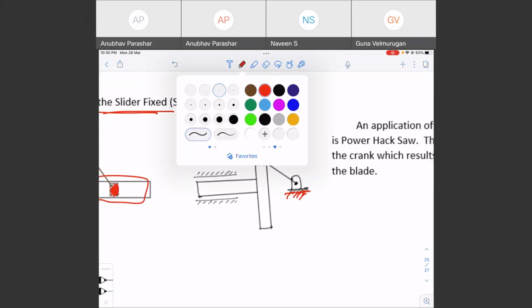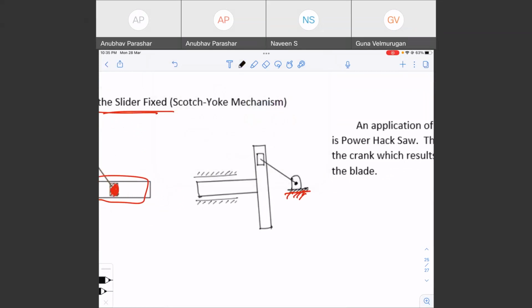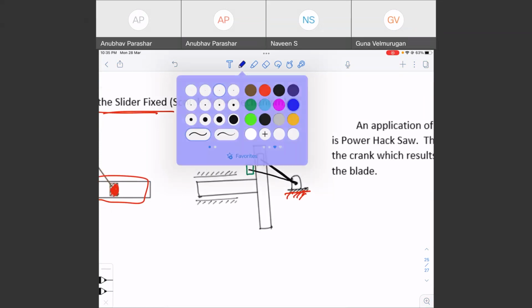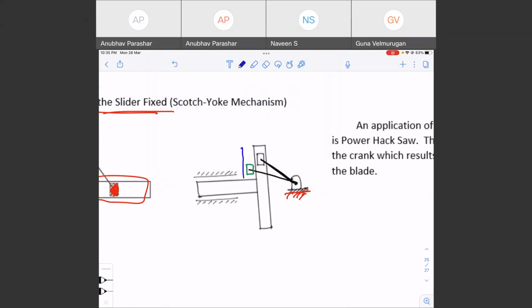When a slider comes down a little bit, the length of this rod is fixed, so the rod will become something like this, and the slotted plate would have moved a little bit forward. Are you able to visualize this?